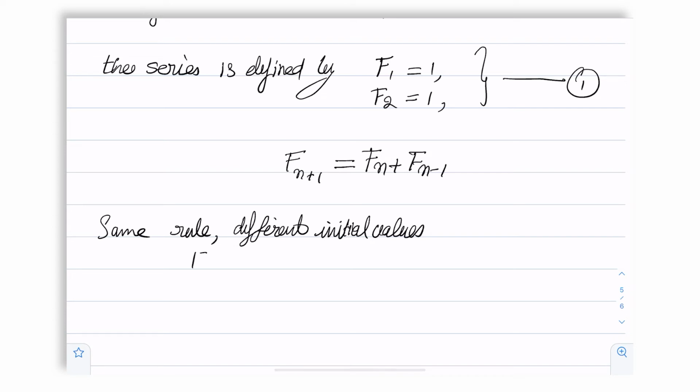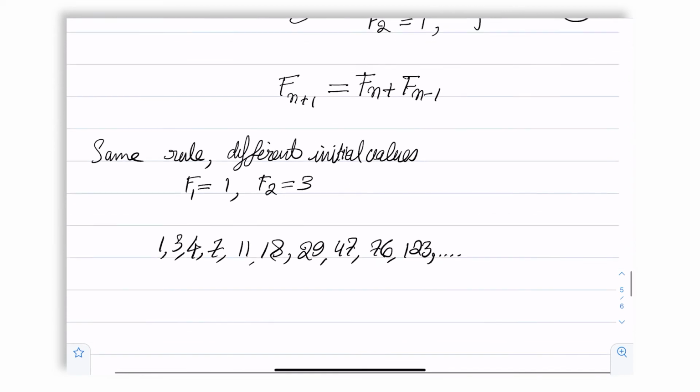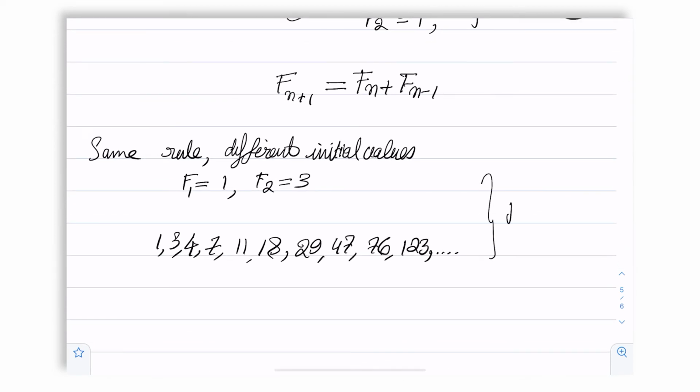So if F1 is equal to 1 and F2 is equal to 3, then we get a sequence which looks like this: 1, 3, 4, 7, 11, 18, 29, 47, 76, 123, and so on. This sequence with this definition is called the Lucas series.